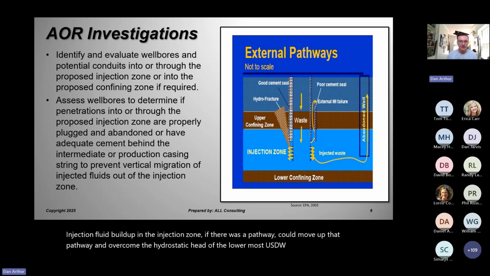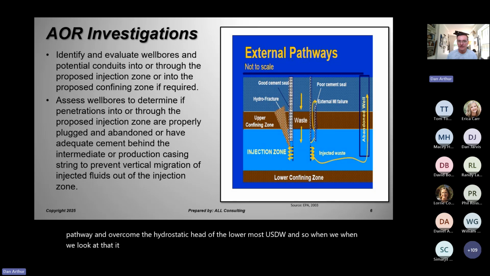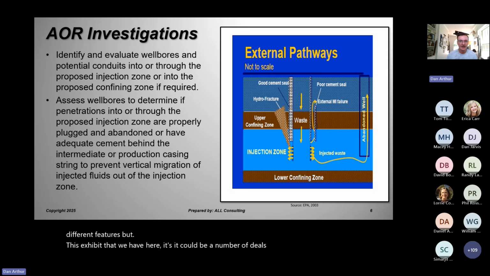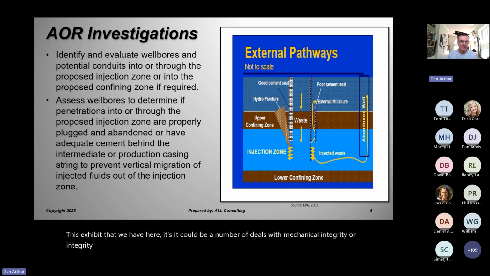And so when we look at that, it can get rather complicated, because you could look at a number of different features. This exhibit could be a number of deals with mechanical integrity or well integrity, or internal, external integrity, or a variety of things.